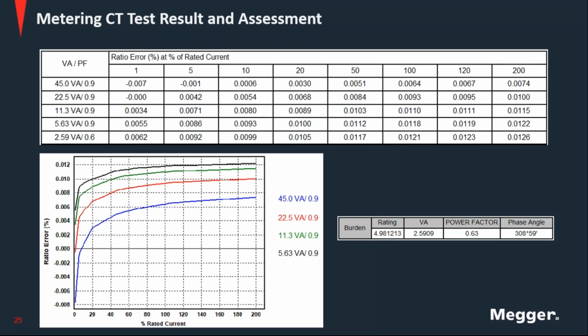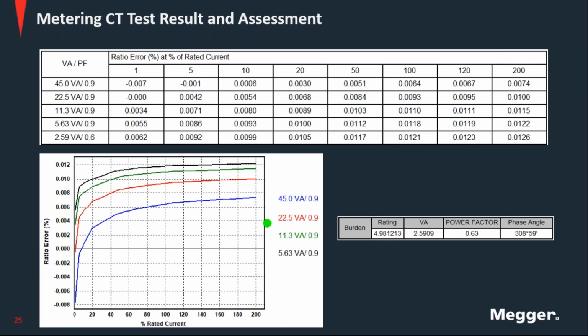So the purpose is, as we saw from one of the graphics before, that the rating or the class or the performance of the instrument transformer remains constant, remains linear or identical throughout a range. And that's what we can see with the table, or the graphical representation of this table in these curves here.